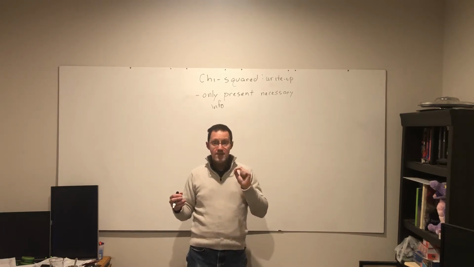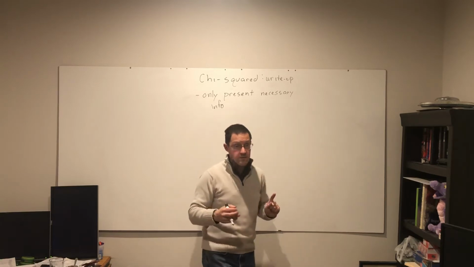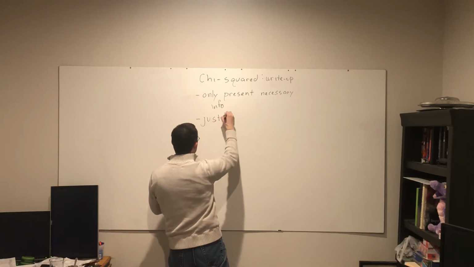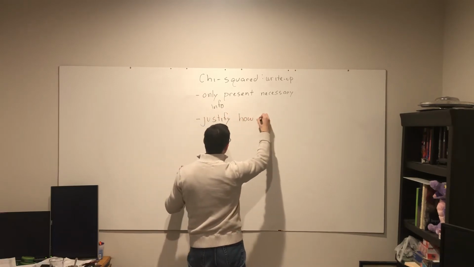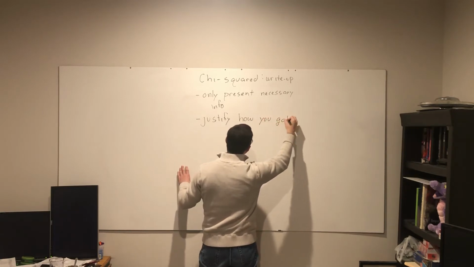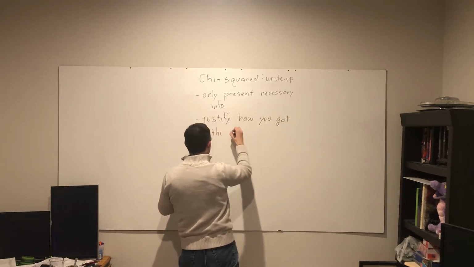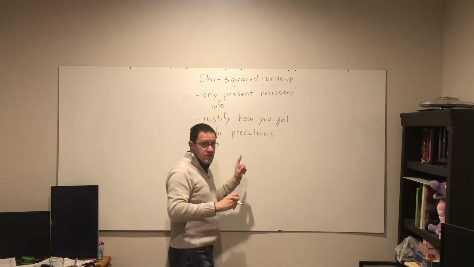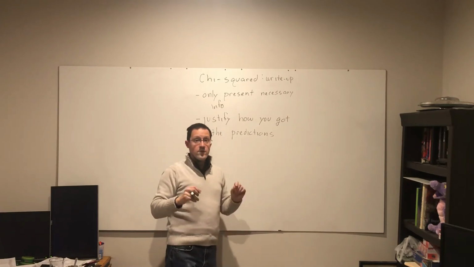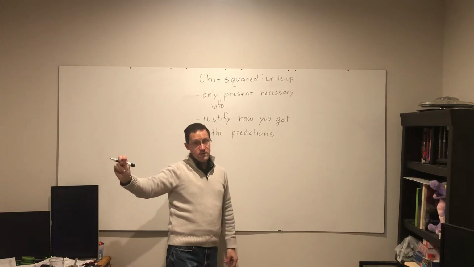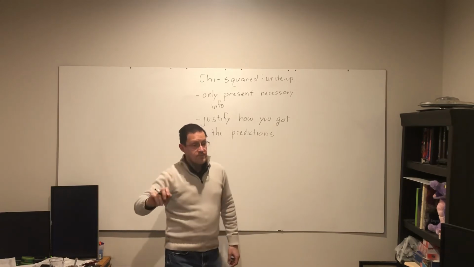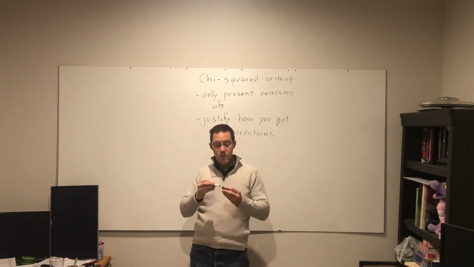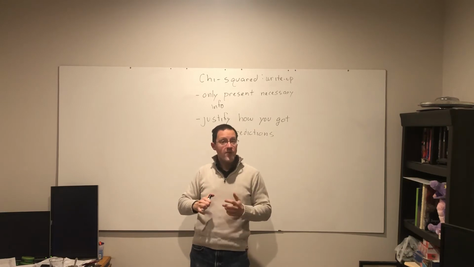That gets to the main thing that is new for chi-squared. You need to make sure you justify as clearly as possible how you get those predictions, because that is pretty much the entire key of the rest of the process for chi-squared.